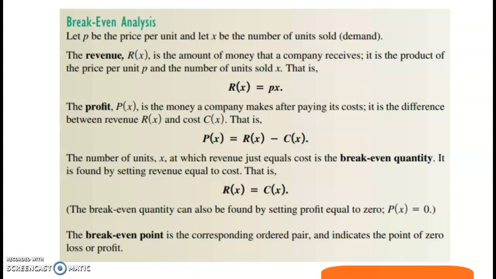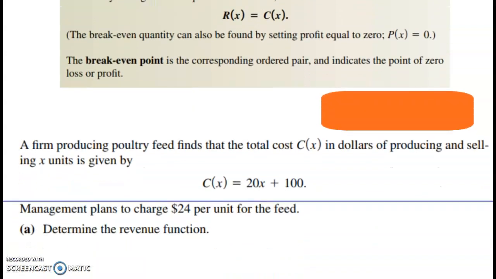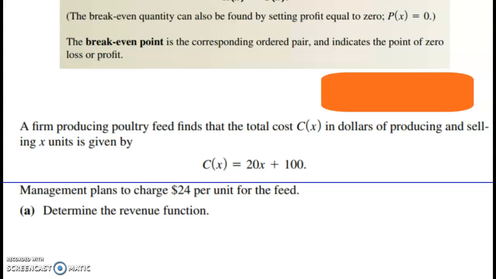Okay, so for example, a firm is producing poultry feed, and they find that the total cost in dollars of producing and selling x units is given by this function. Management plans to charge $24 per unit for the feed. Determine the revenue function.